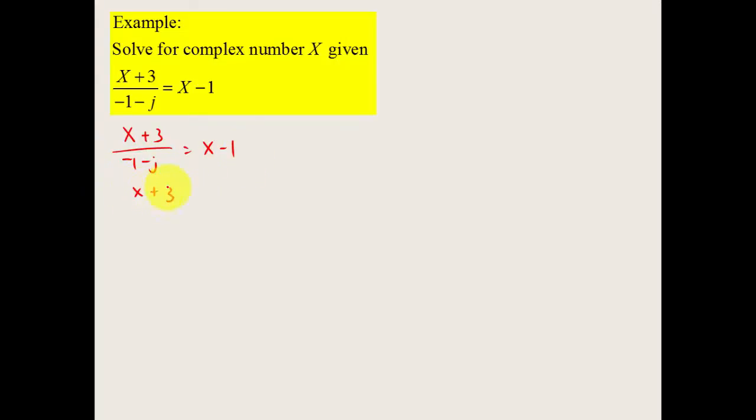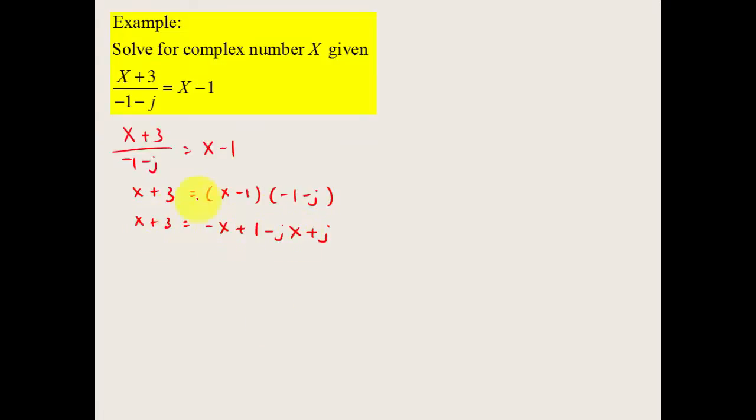So I have x plus 3 equals x minus 1 multiplied by minus 1 minus j. Then I'm going to expand out these two pairs of brackets. So I have negative x plus 1 minus jx plus j.